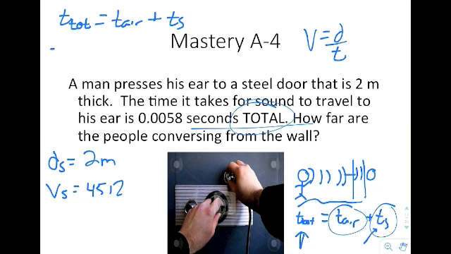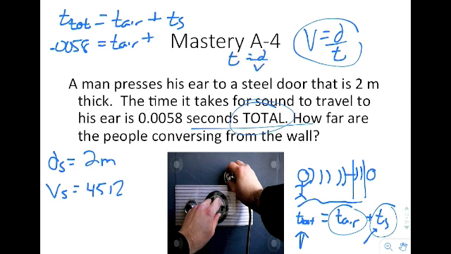We have our total time as 0.0058 equals the time in the air plus the time in the steel. I can rearrange this equation to be t equals d over v. When I do that, I can substitute in 2 divided by 4512.